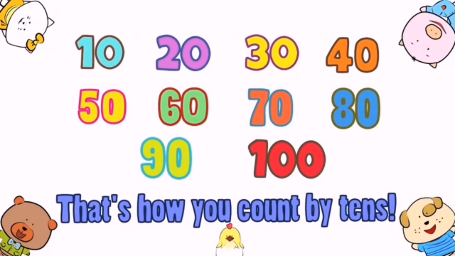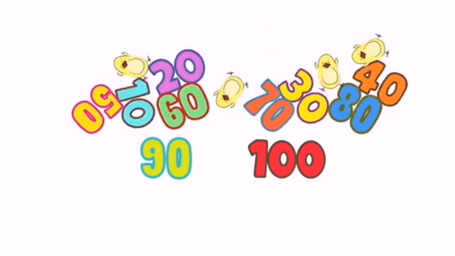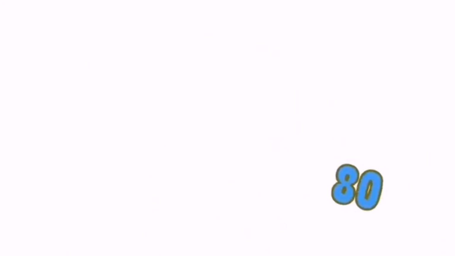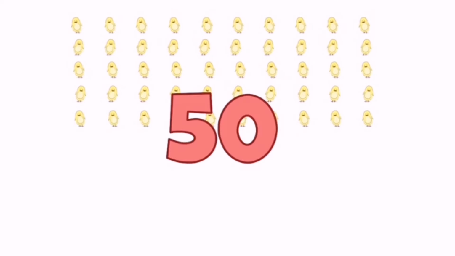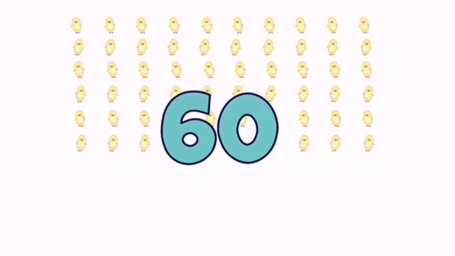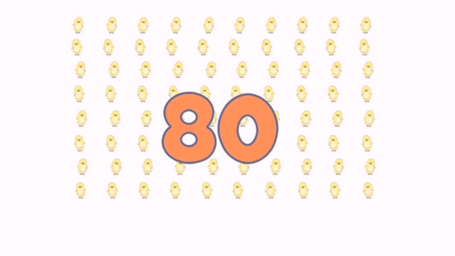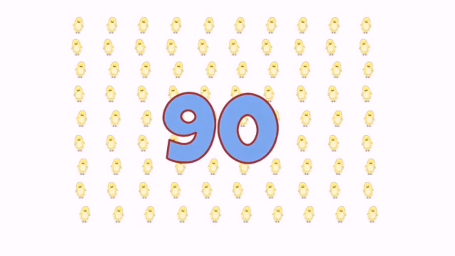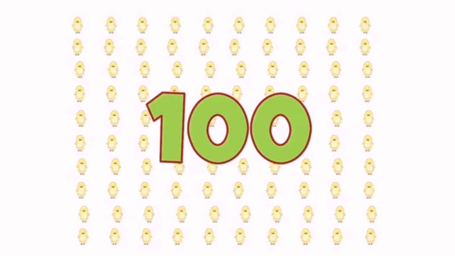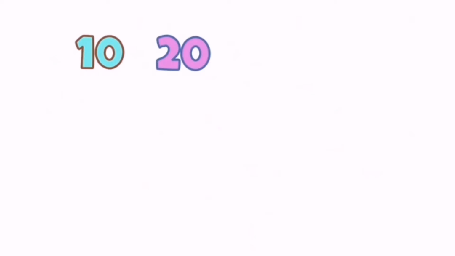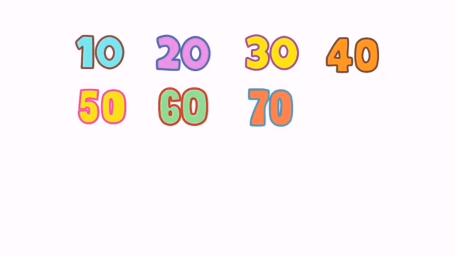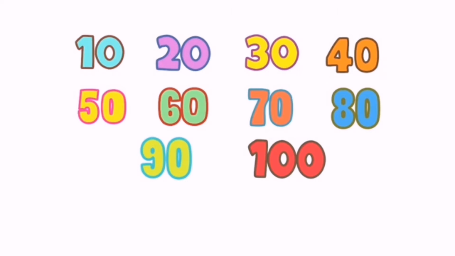That's how you count by tens. 10, 10, 20, 20, 30, 30, 40, 40, 50, 50, 60, 60, 70, 70, 80, 80, 90, 90, 100. 100. 10, 20, 30, 40, 50, 60, 70, 80, 90, 100.